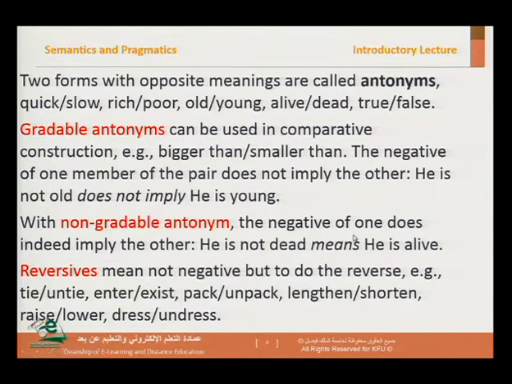So we said two words closely related in meaning are called synonyms. And that's one semantic relation between words. The other common type of word relation is antonymy. I call two forms with opposite meanings antonymous.